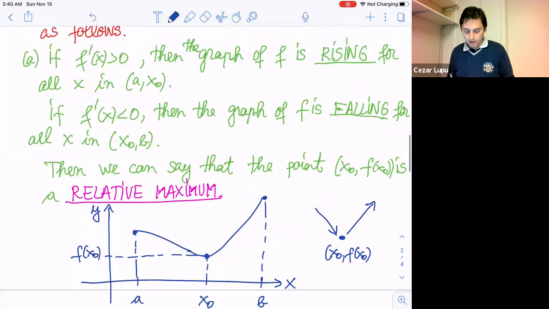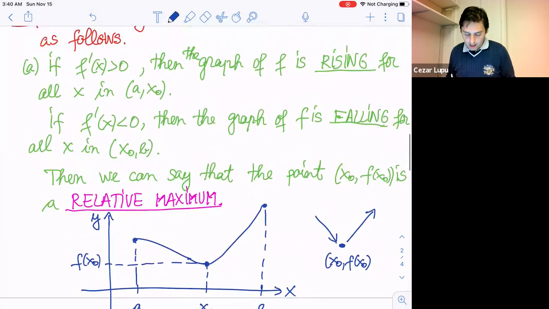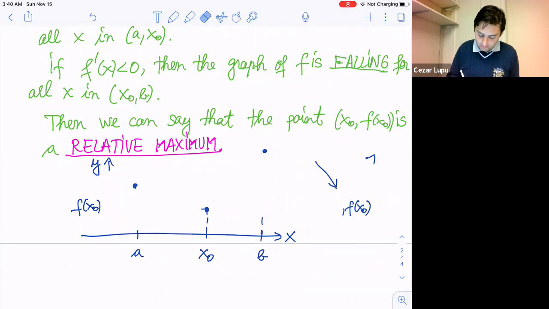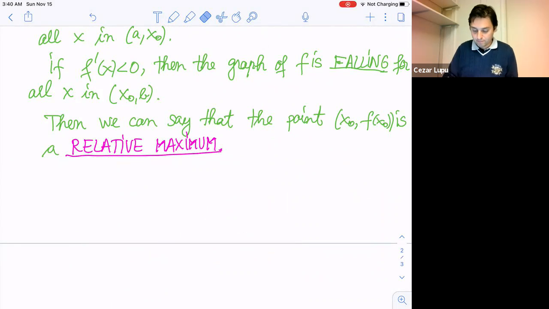Wait, I think I drew the graph is rising. Okay, no, okay, I drew the other situation when it's the other way around. Okay, let me do it again. My bad.